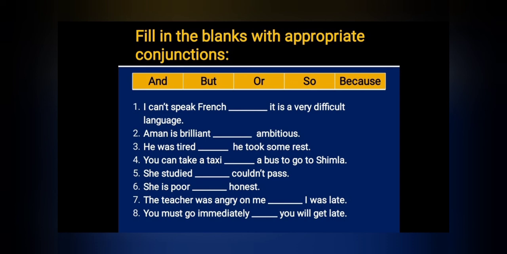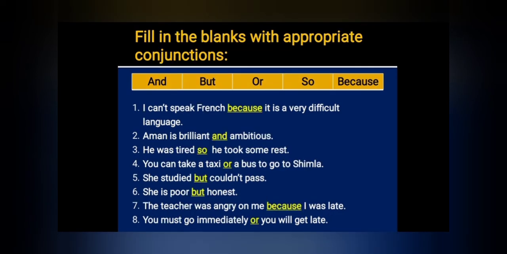Well, students, I hope you are ready with your answers. Should we start discussing? Okay, let's look at the answers now. The first blank was, I can't speak French blank. It is a very difficult language. And the answer that we have filled in this blank is because.